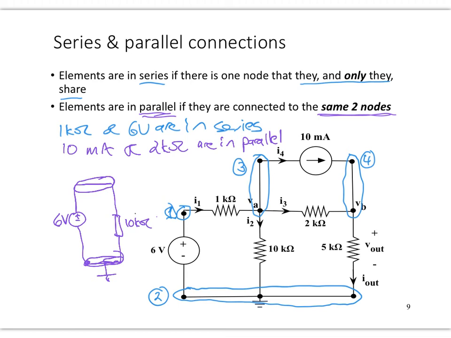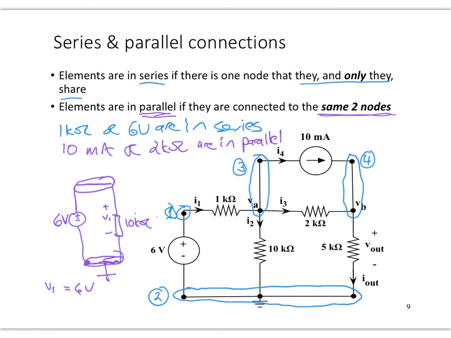So we know that the voltage V1 is equal to 6 volts because that element, the 10 kilo ohm resistor, is connected in parallel to the 6-volt source.